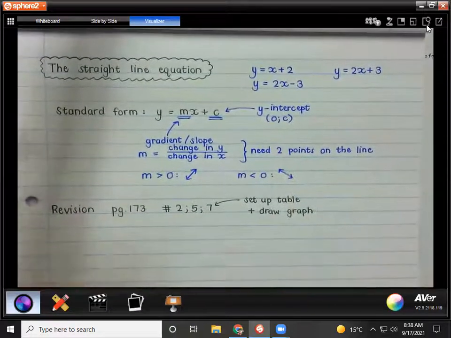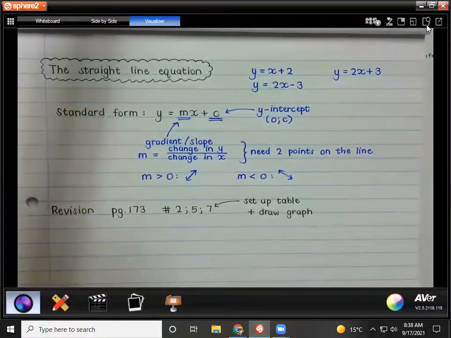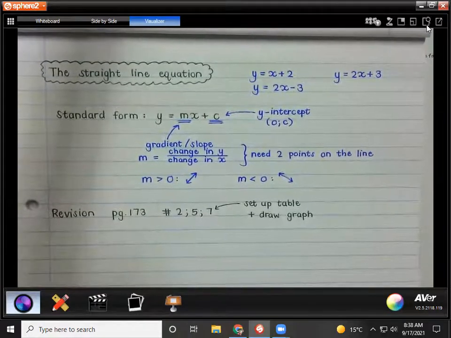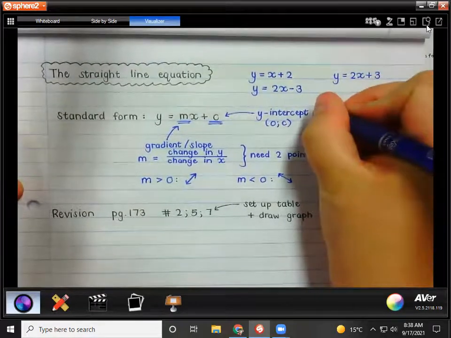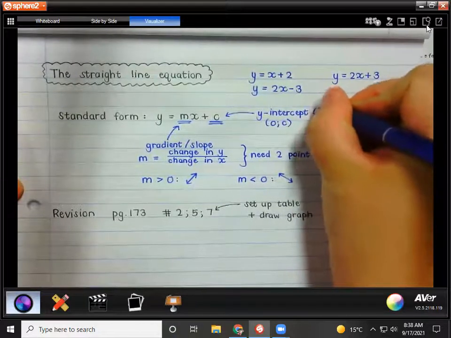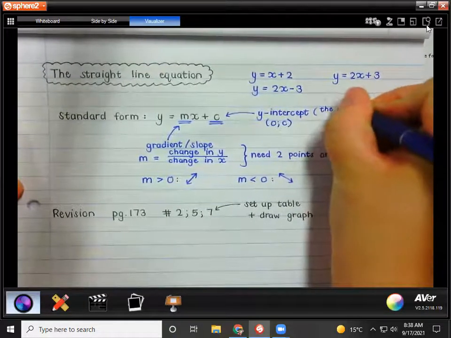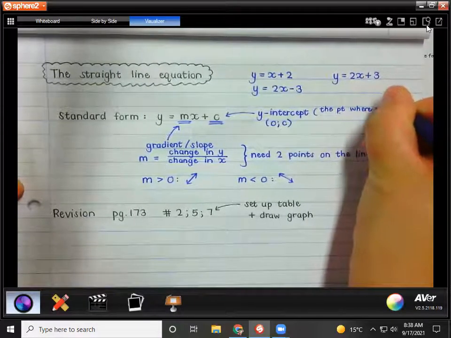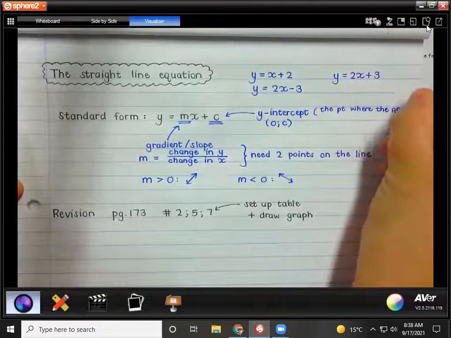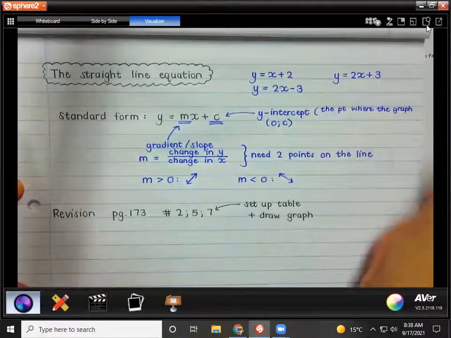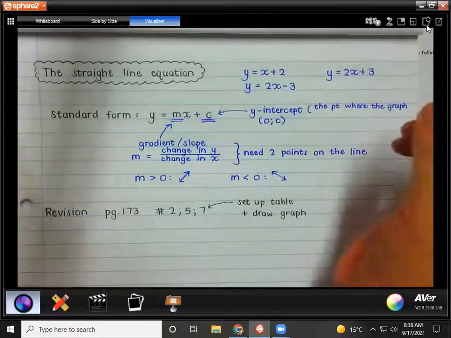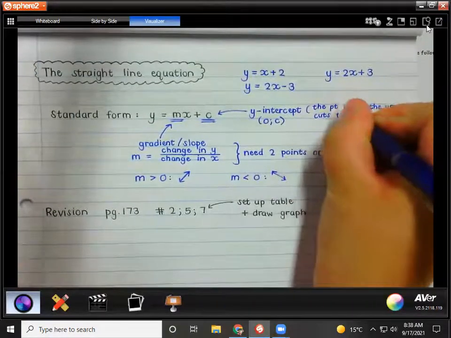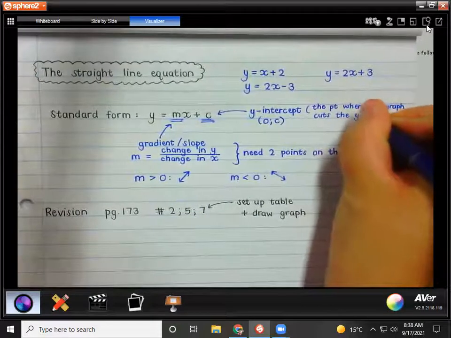Now, if you want to add to that little note there, the y-intercept is the point where the graph, if you can't fit it in there, it's fine. We're going to do it on a different note now as well. The point where the graph cuts the y-axis, that is the y-intercept.